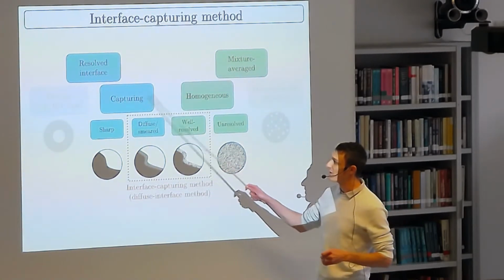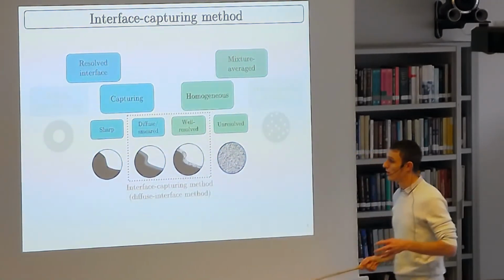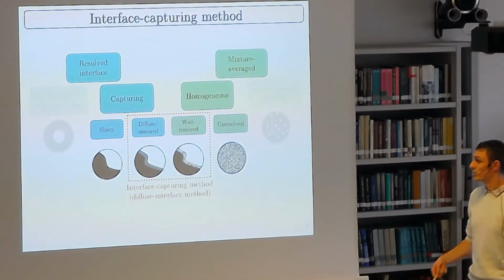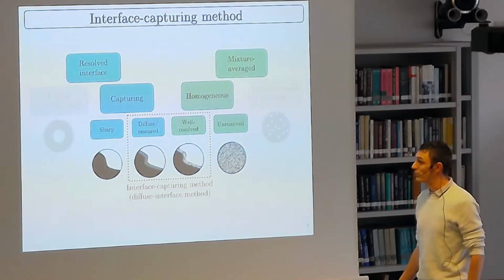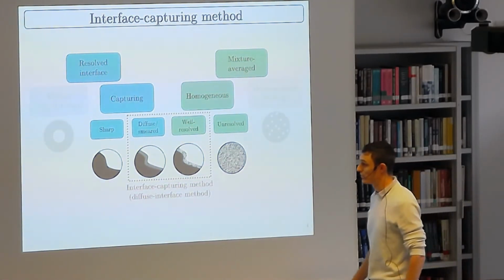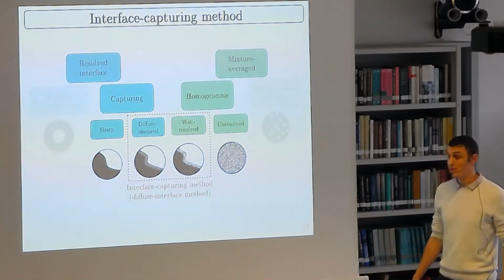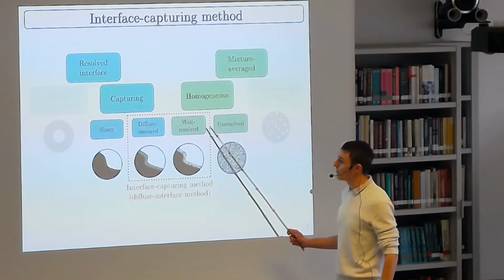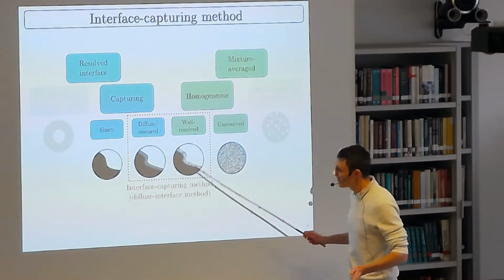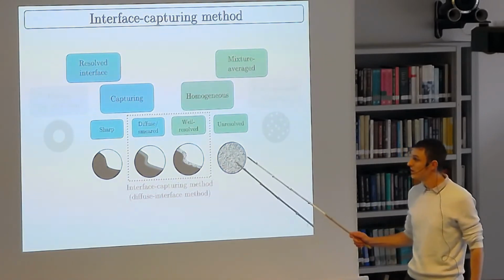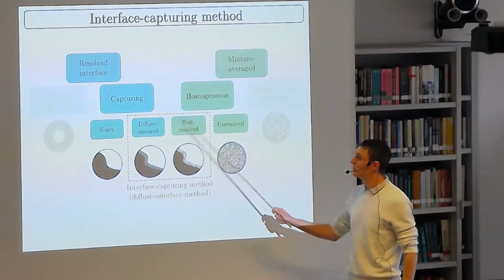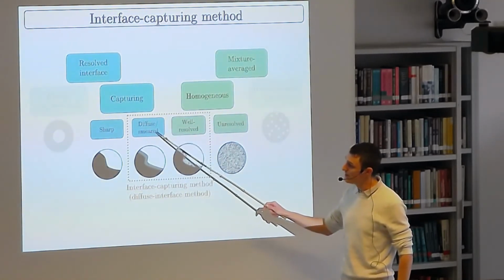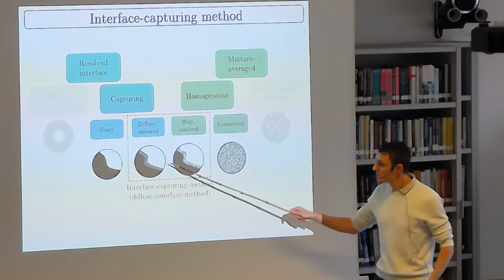If we continue on the capturing side, there is what is commonly known as sharp interface, which is usually done for incompressible flows, but also for compressible flows, like we can see here in the lab actually. And on my part, I use what is also called the interface capturing or diffuse interface method, which is at the edge between the two big types of approaches, where the interface this time is diffused, right?